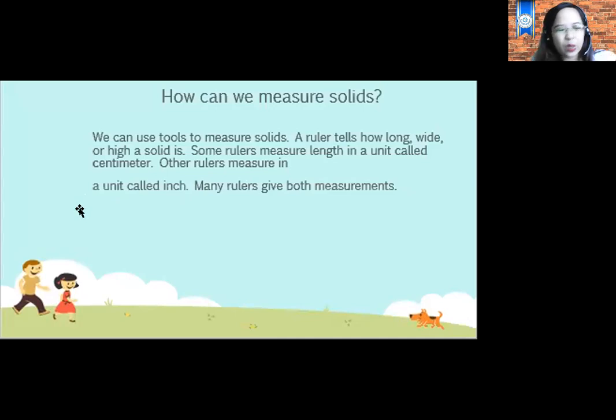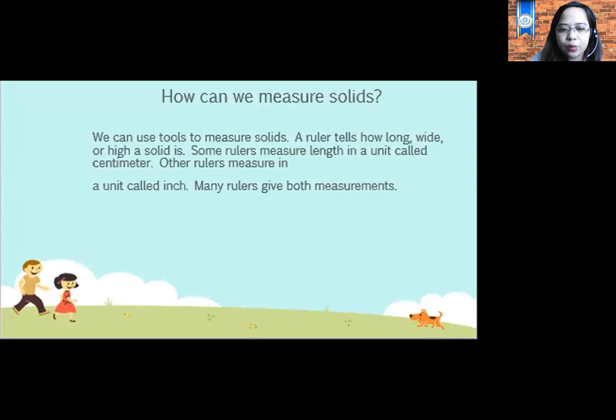I guess you are aware of the measurements for centimeters and inch, right? Are you aware of that? No, you're not familiar with inch and centimeters.